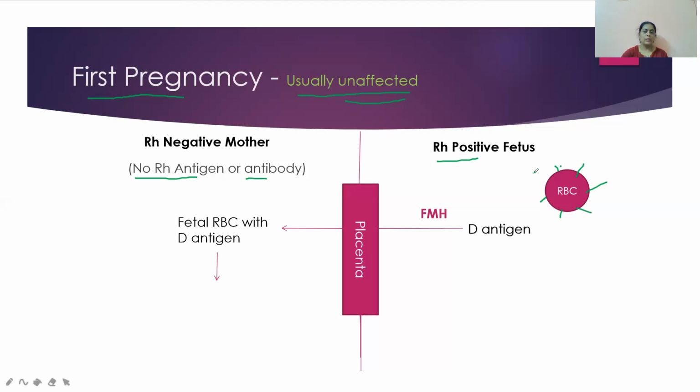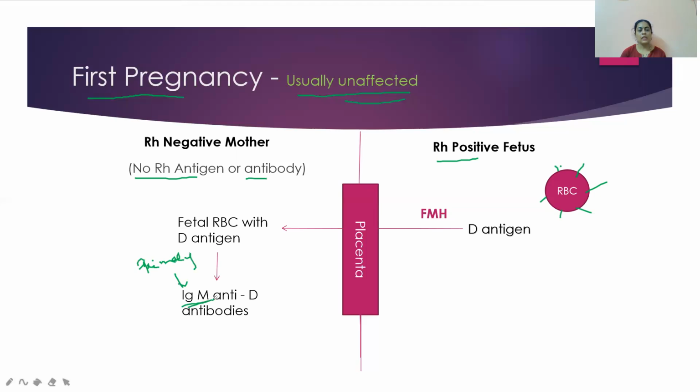So there is a primary immune response against this D antigen because it is a foreign protein. So definitely the immune system recognizes it as an antigen, and there is production of antibodies. As you know, in the primary response, IgM is produced.